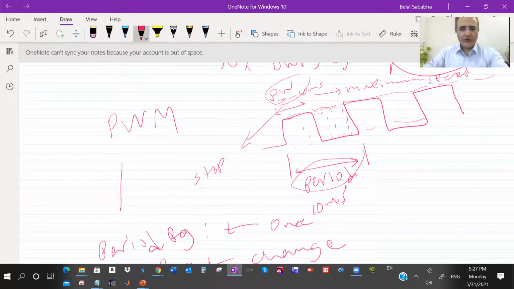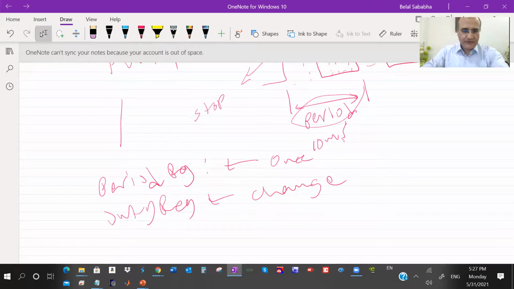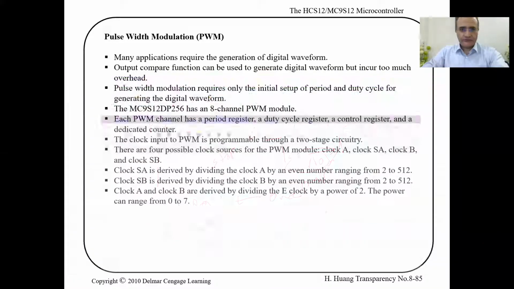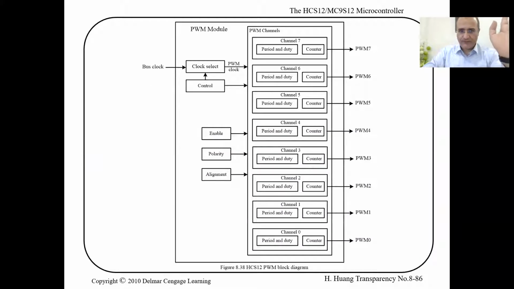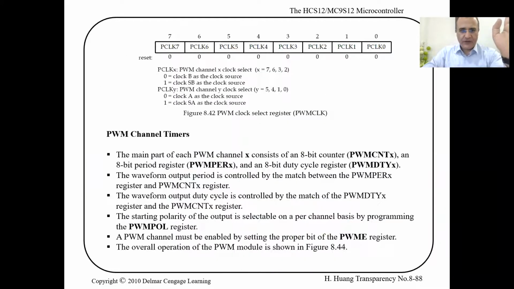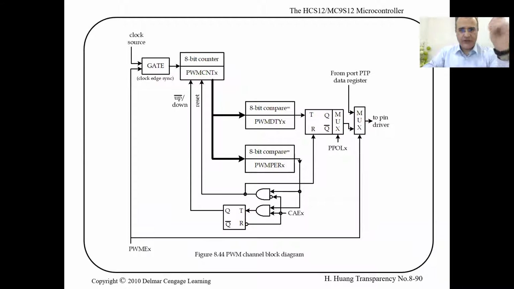So how it would work, let me see, so this is the principle. I'll talk about the clocks, the pins, how it works. Here's how it works. I have a PWM period register and a PWM duty register, okay?